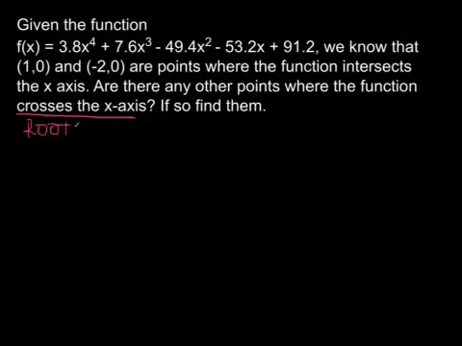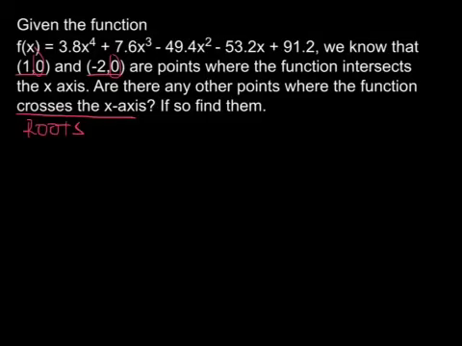And so we know that we're looking for the roots, and we have two of them given to us because these are points where the function has a y value of 0, and so it crosses the x-axis and is a root. The next thing is, okay, what are we going to do in order to find the other two roots? Let's consider what it is that we currently know.